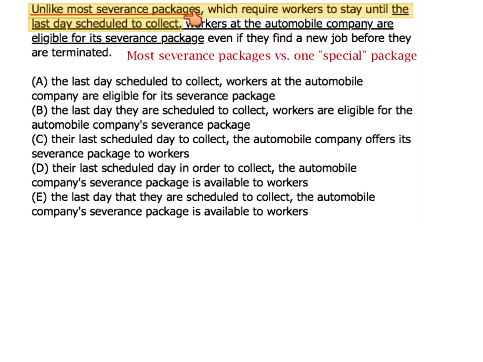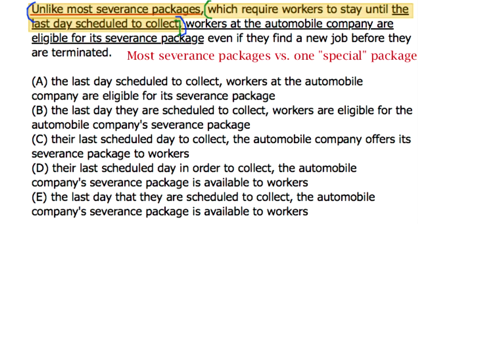If you know that sort of thing is another modifier, then you know that that's all included in your initial part. So this is the coming home from school here. All of this is an initial modifier. So unlike most severance packages, and inside that you have a further modifier of a modifier. Interesting, right?